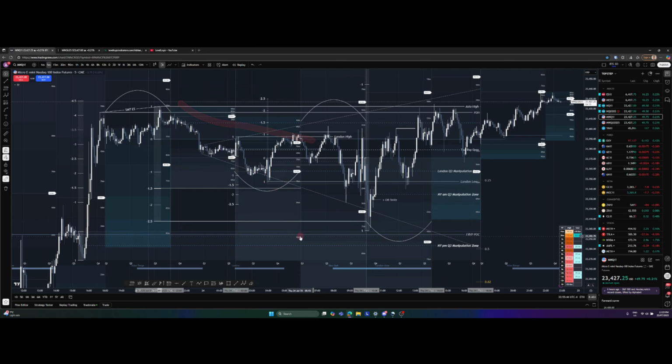We then have external to external, external to external for our reversal. And now for the PM we went internal into the 50th percentile, and now we're heading to external.